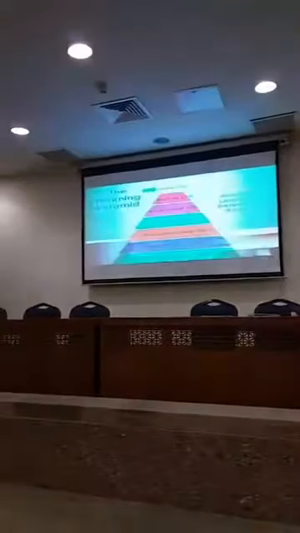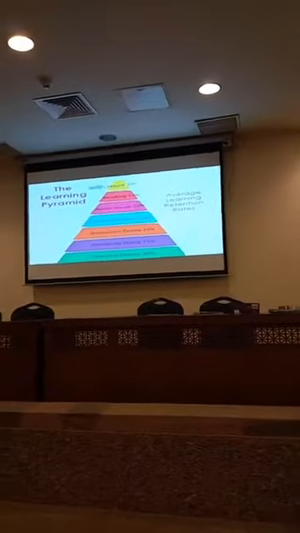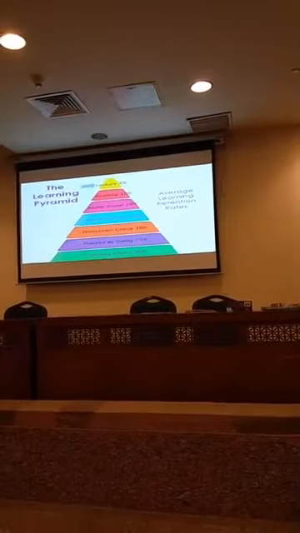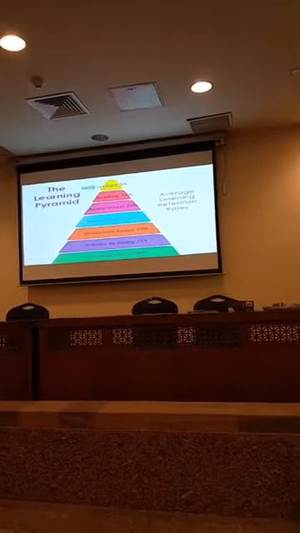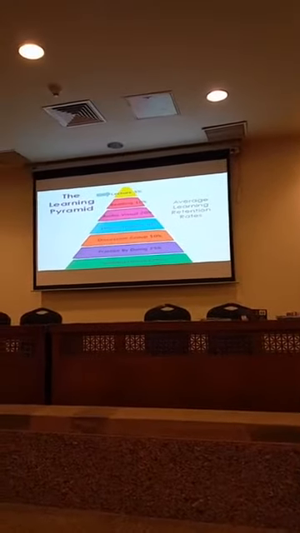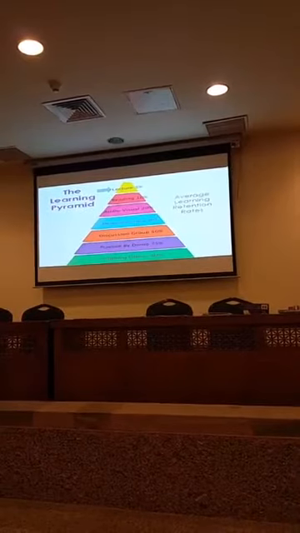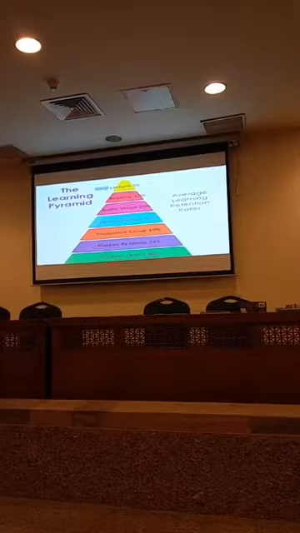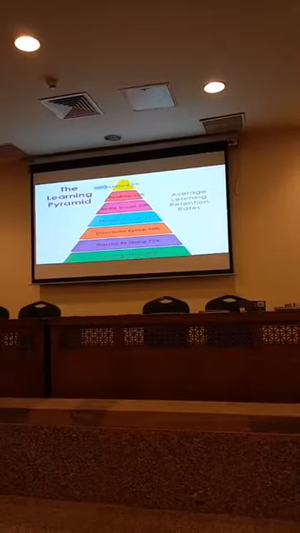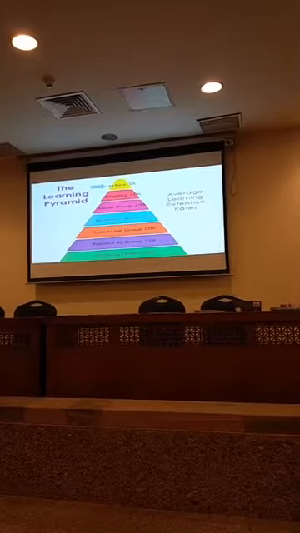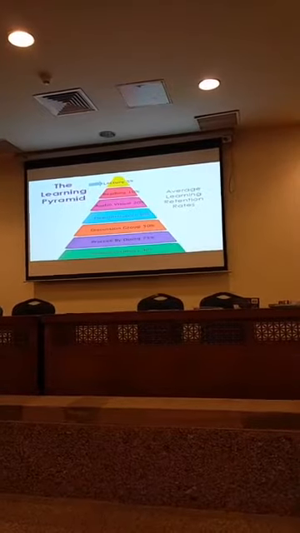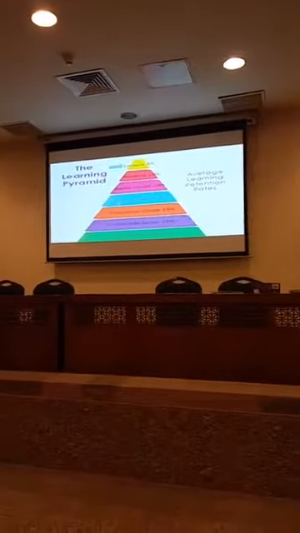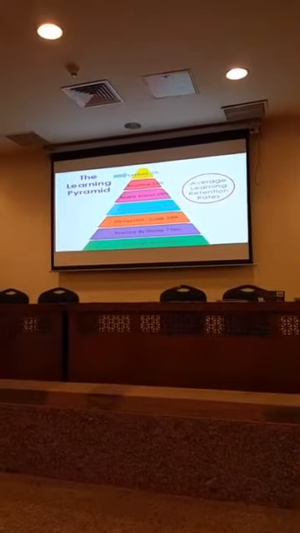Fine, thank you. Our main target is to involve our students, exactly, to let them be engaged. This is the idea. This is the average learning retention rate, called the learning pyramid. When we lecture only, the learners retain like 5%.